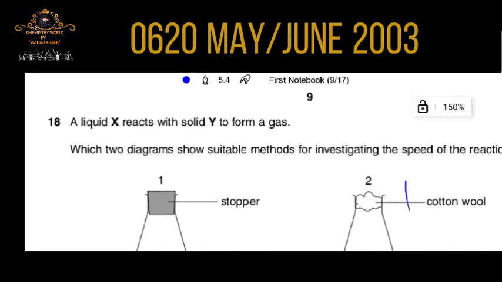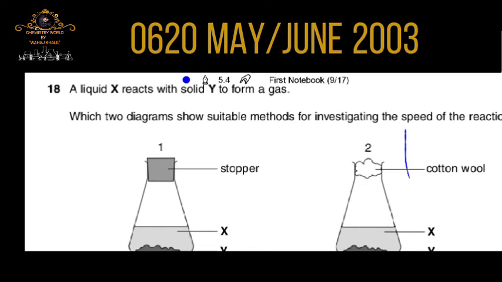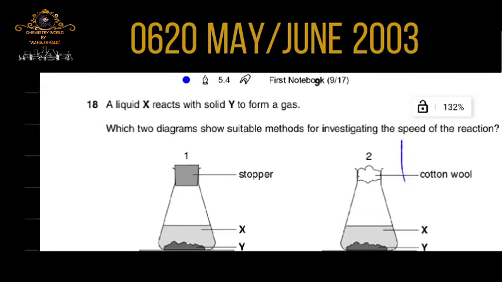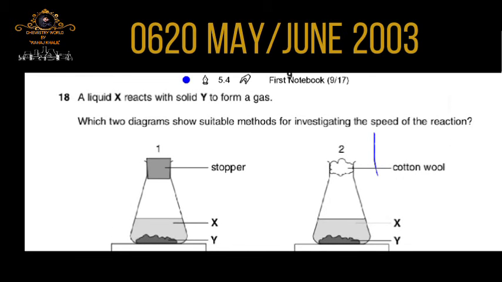Option number 18. A liquid reacts with a solid Y to form a gas. Which two diagrams show a suitable method for investigating the speed of reaction?